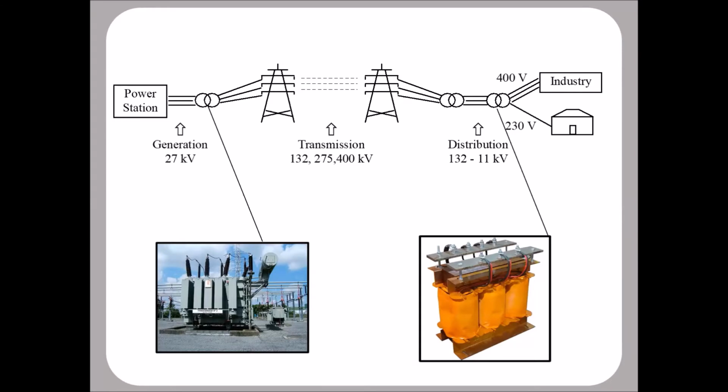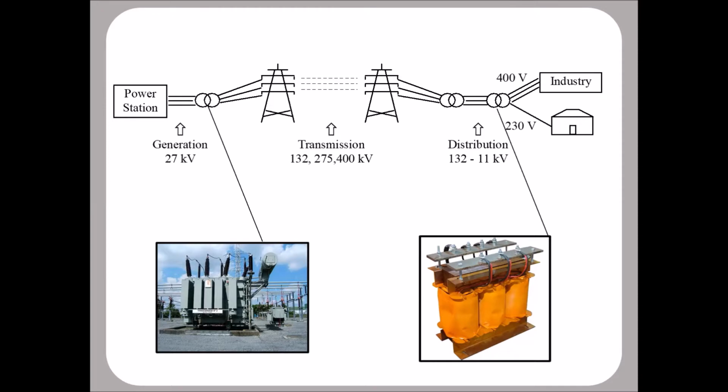That was transformed up to perhaps 400,000 for remote transmission across the country from the generator to the consumer, where of course at 400,000 volts it would be unsatisfactory in the home, so it's transformed down to lower voltages, and you typically end up getting 230, 240, 250 volts. And I've just shown a couple of pictures of transformers.